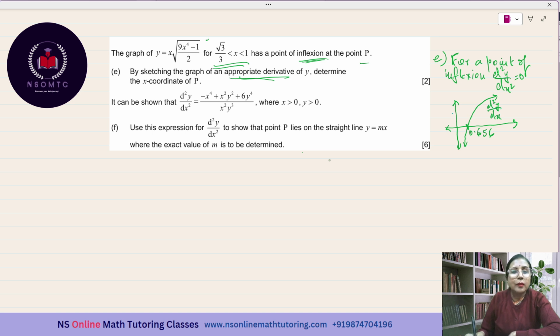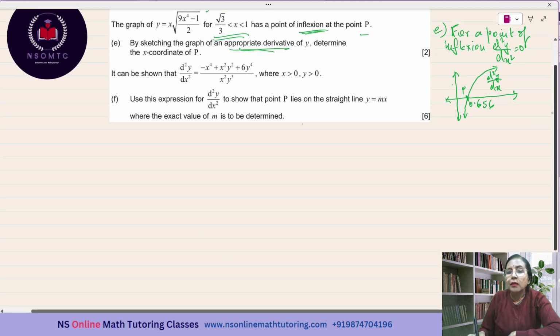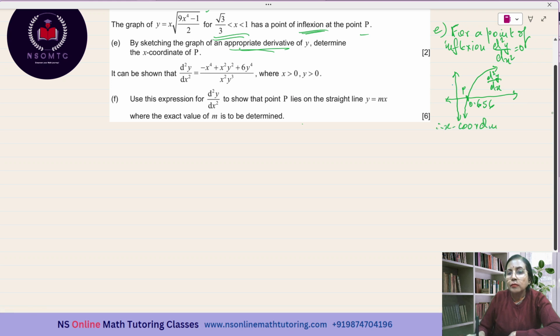Okay, so by sketching the graph, to determine the x coordinate of the point P. So this is point P, and the x coordinate of point P is 0.656, correct to 3 significant figures.